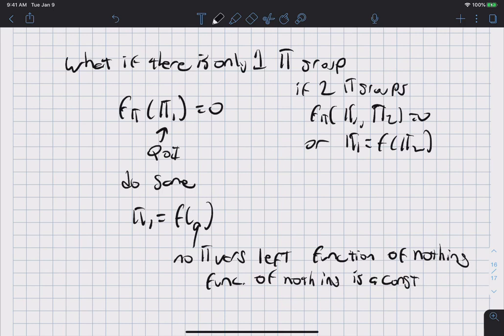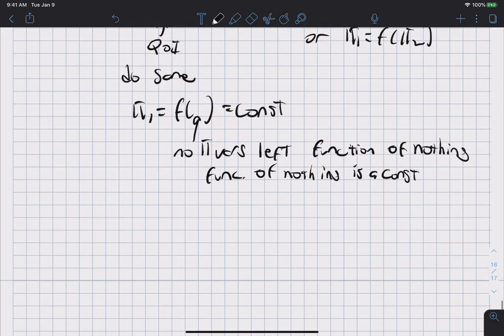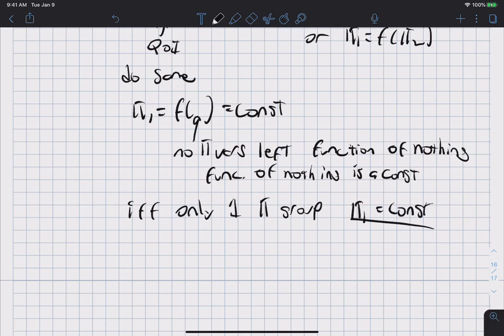So if there's only one pi group, then that pi 1 is equal to a constant. And you will see this from time to time.